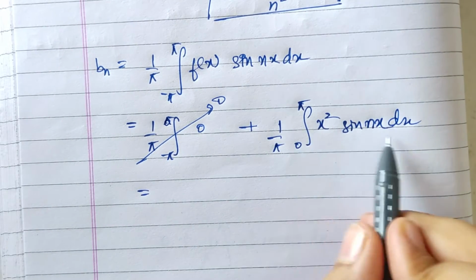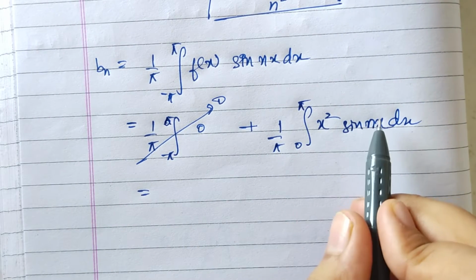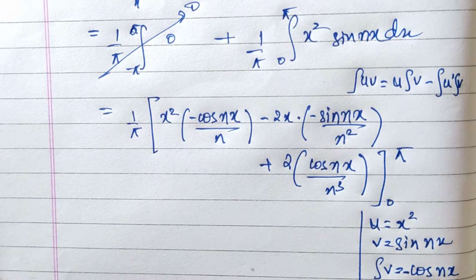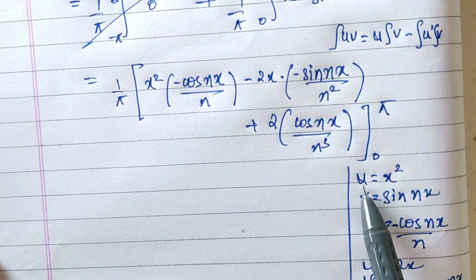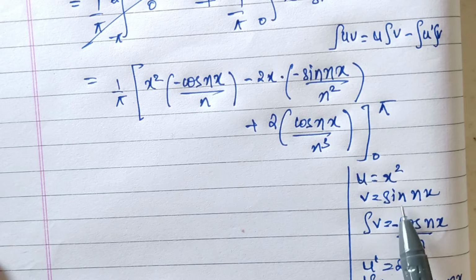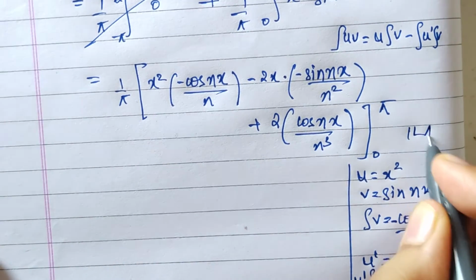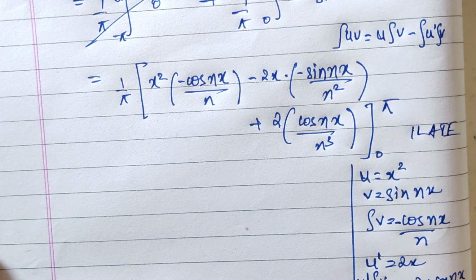Over here also we'll be using the Euler rule to evaluate. So over here we'll have x square as u and v will be our sin nx according to the Euler rule, right?